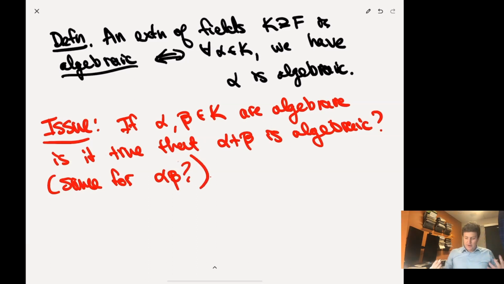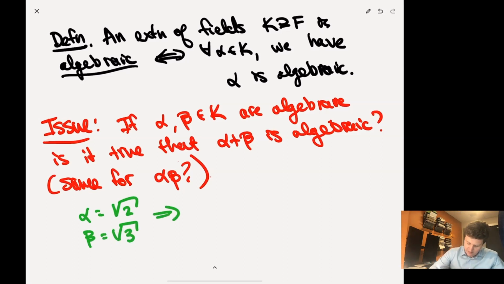If I take two algebraic numbers, where one satisfies a polynomial equation and another satisfies a polynomial equation, how do you get a polynomial equation for the product of them? If alpha is the square root of 2 and beta is the square root of 3, this one satisfies x squared minus 2, and this satisfies x squared minus 3.